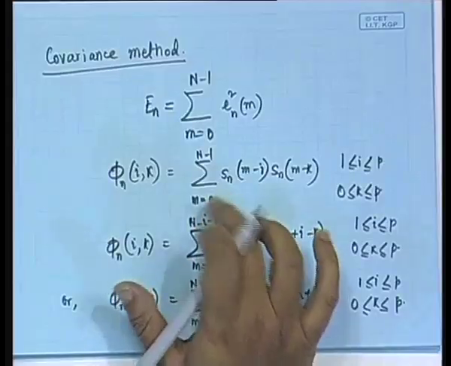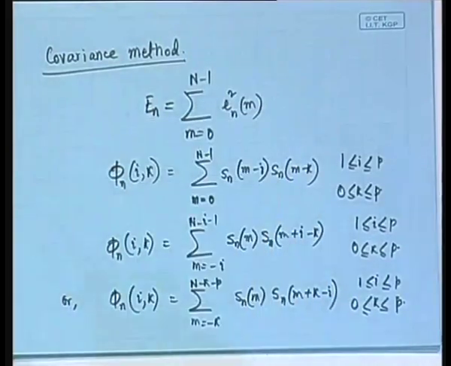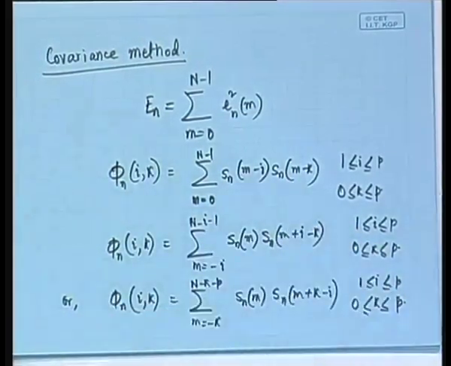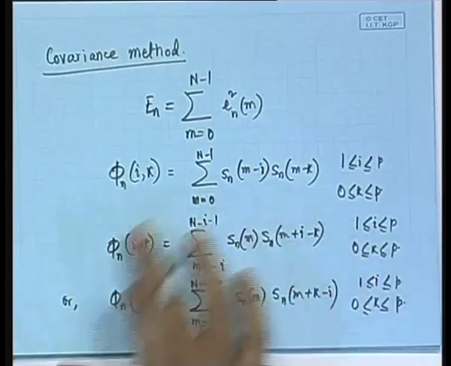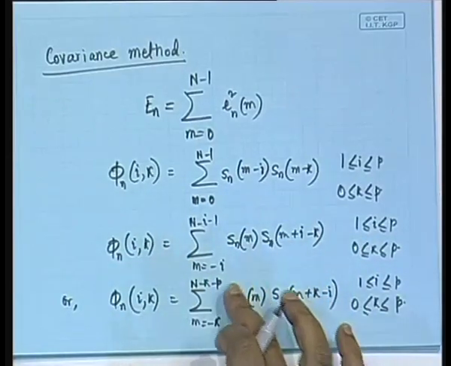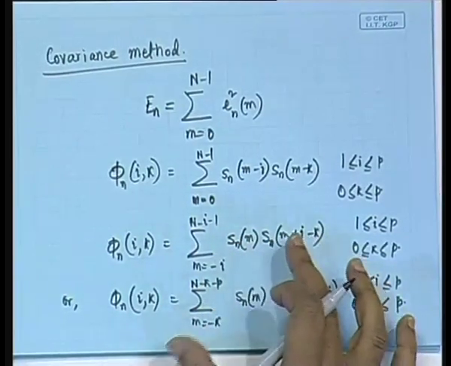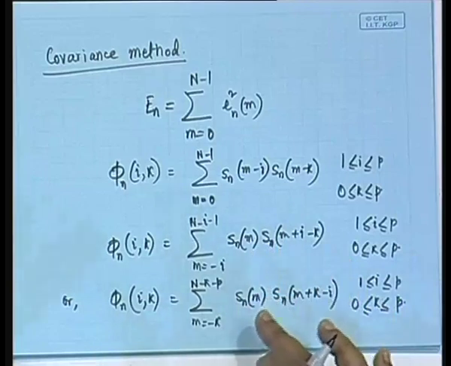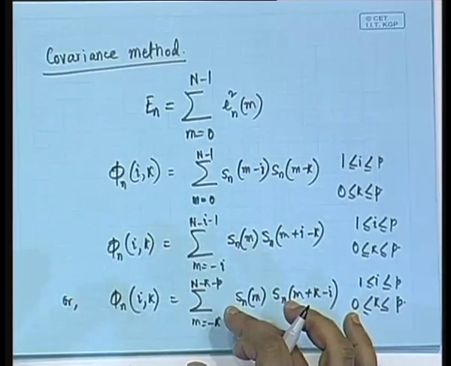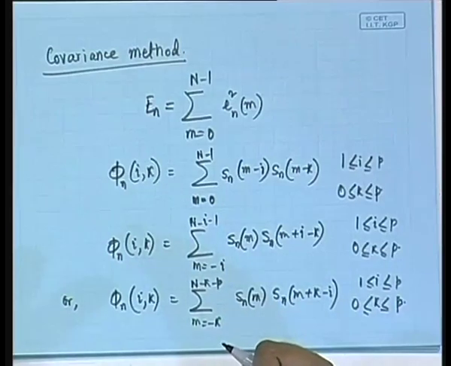Now, if we have to compute our phi n I k by this expression, where we want the limits of summation to go from 0 to n minus 1, then in that case we cannot have the Sn m values to be zeros outside this interval.